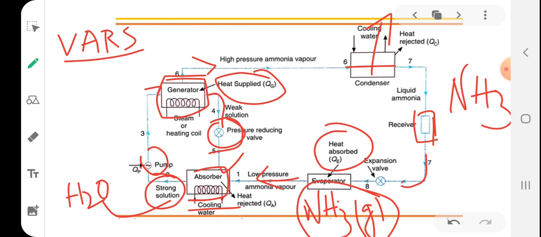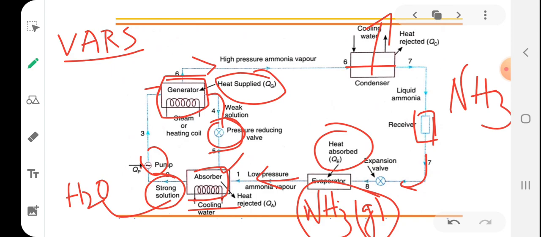Okay, so this liquid will then pass through the expansion valve where its pressure gets reduced to that of the evaporator, and in the evaporator it will again absorb heat from the space to be refrigerated and the cycle continues.